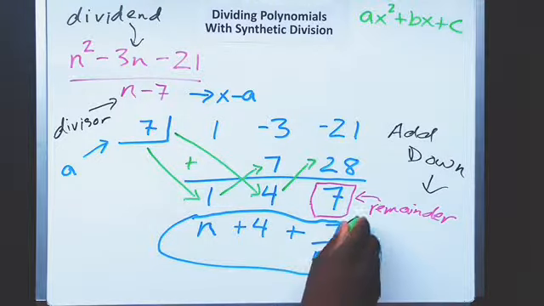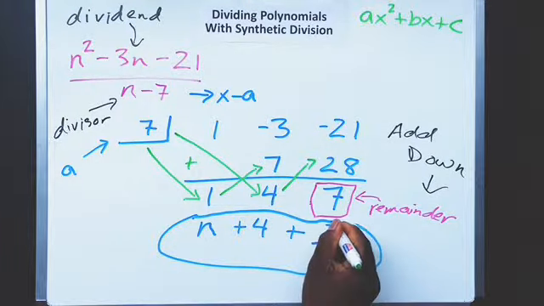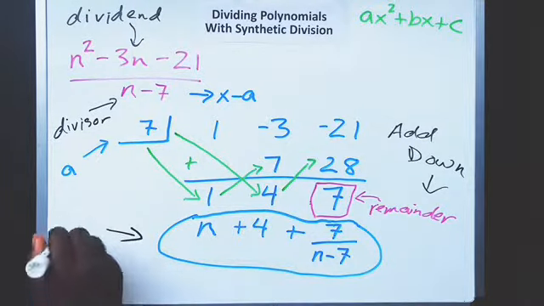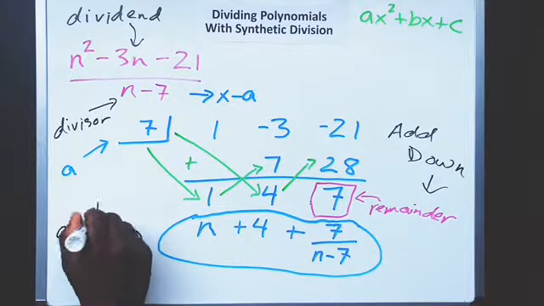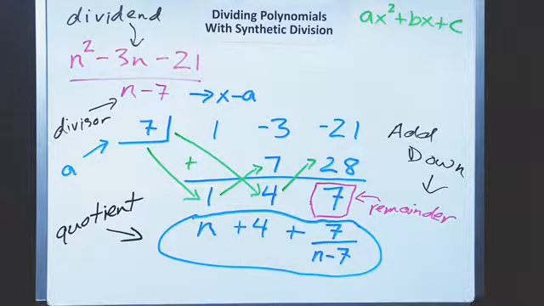Erase that a little bit and make that a little more explicit. Want everything to be clean, so bring that up a little bit. There we go. Now, this final answer is the quotient. Building your math vocabulary.